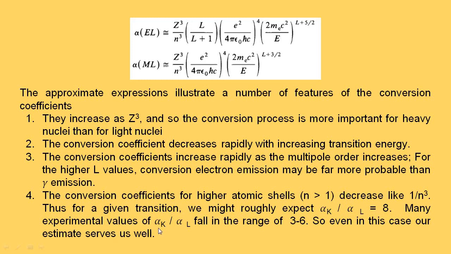Many experimental values of alpha_K by alpha_L fall in the range of nearly 3 to 6. So, even in this case, our estimate serves as well. That means this approximation is almost always good. That is the inference we are getting from this result.